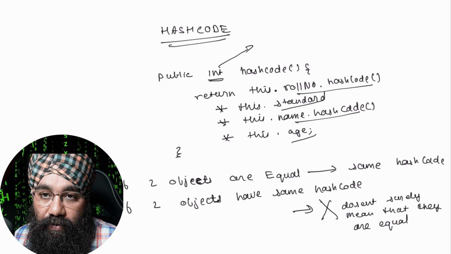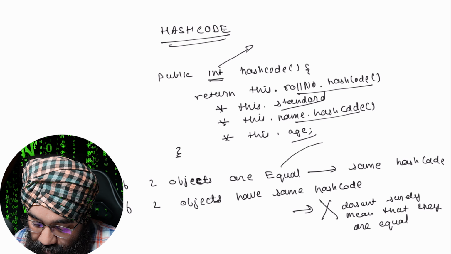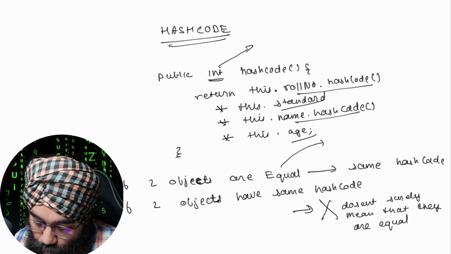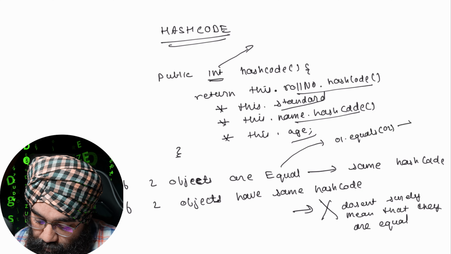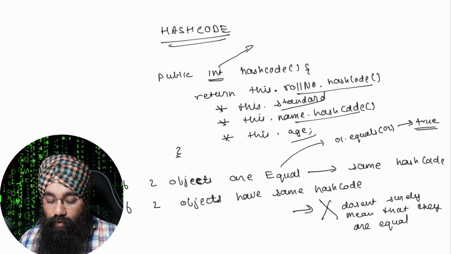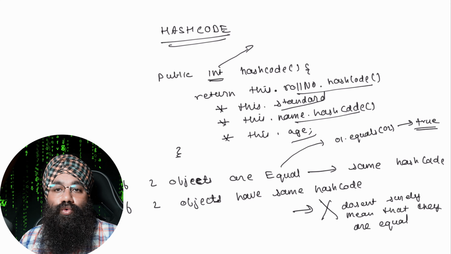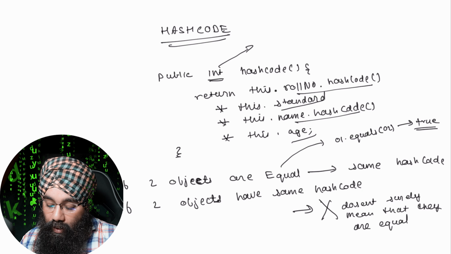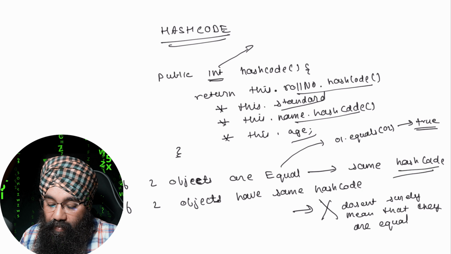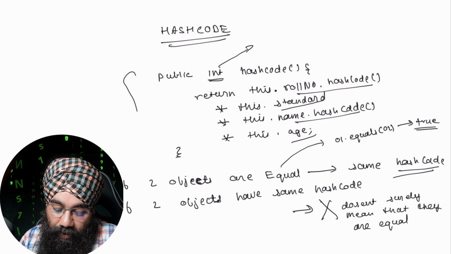When we say two objects are equal, we mean that o1.equals(o2) returns true. So if o1.equals(o2) returns true, which means the two objects are equal, they should have the same hashcode. This is how we should implement this method.